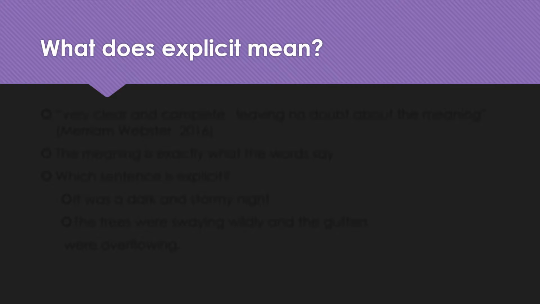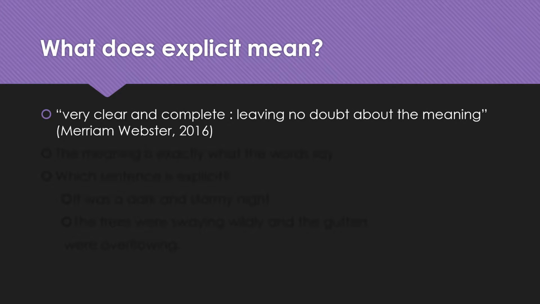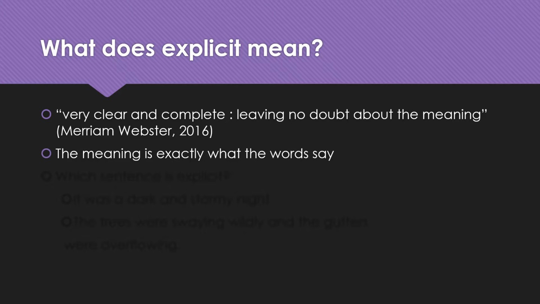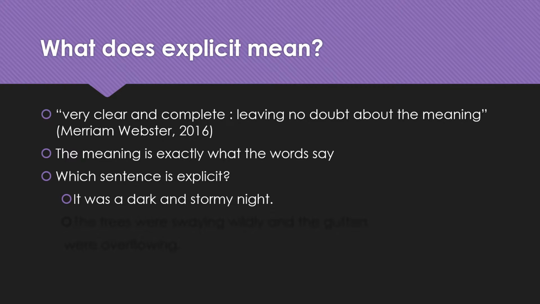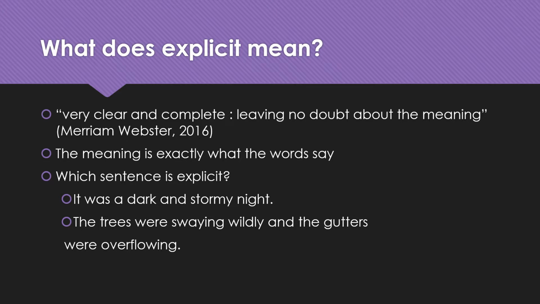What does explicit mean? The dictionary definition: very clear and complete, leaving no doubt about the meaning. The meaning is exactly what the words say. So, which sentence is explicit? It was a dark and stormy night. The trees were swaying wildly and the gutters were overflowing.